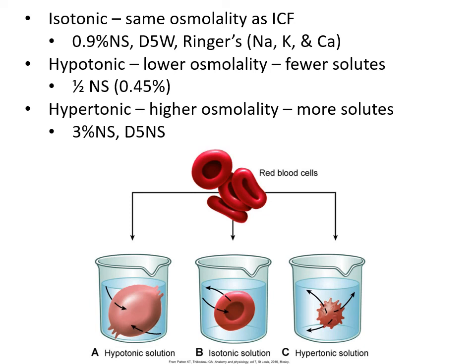So at the bottom, you can see that if we give someone a lot of hypotonic solution in an IV, we're going to cause the fluid to go into cells, right? Because it's hypotonic, and it's going to go to an area of higher concentration of solutes, which is within the cells, and they're going to get cellular edema. Isotonic, the cells are going to stay the same.